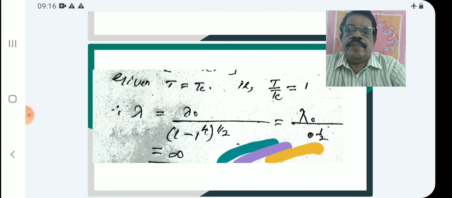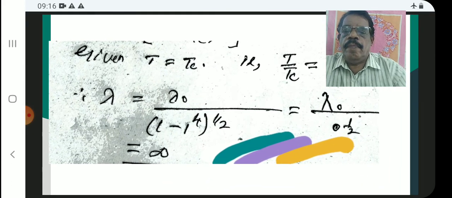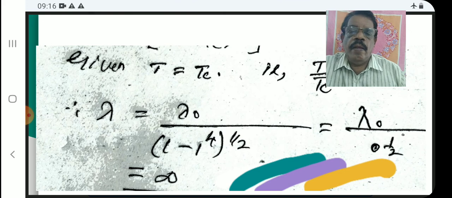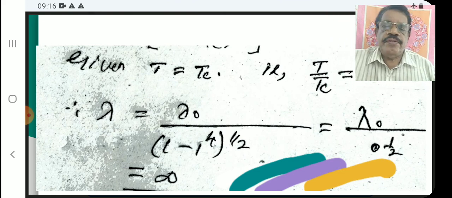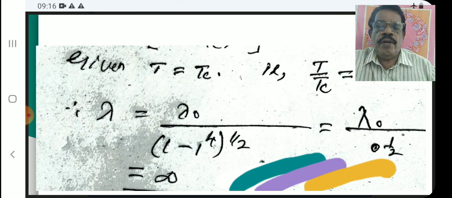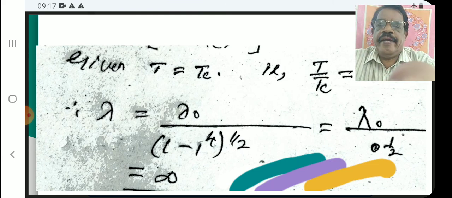Infinity is the answer. So at T equal to Tc, London penetration depth is infinity in a superconductor.